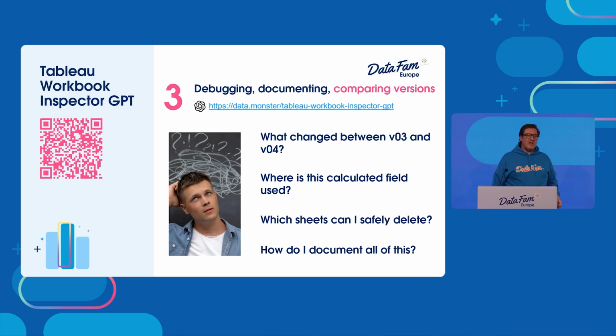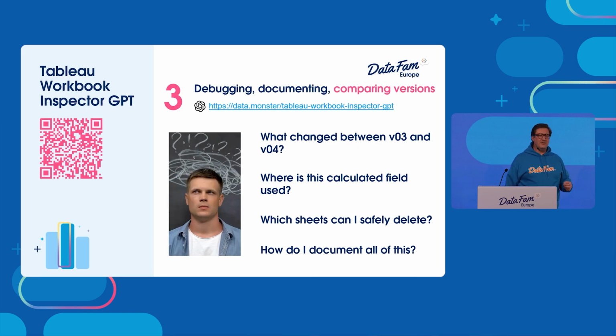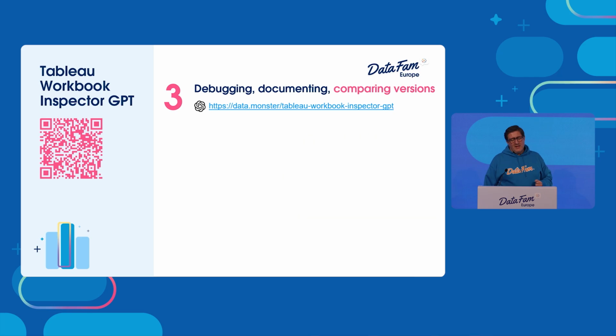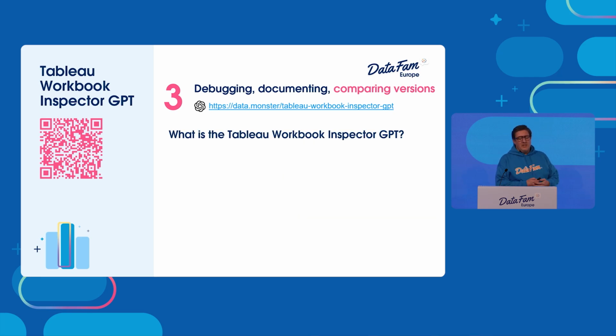After building a visualization, the most painful thing in the whole world is to actually document what we did in the last 2, 3, 4 weeks, sometimes. So for that, I created another GPT that will actually look into all that information. As you may know already, ChatGPT will be able to read only Tableau workbooks that are not packaged workbooks, because it will actually read the code in the background, which is an XML file.